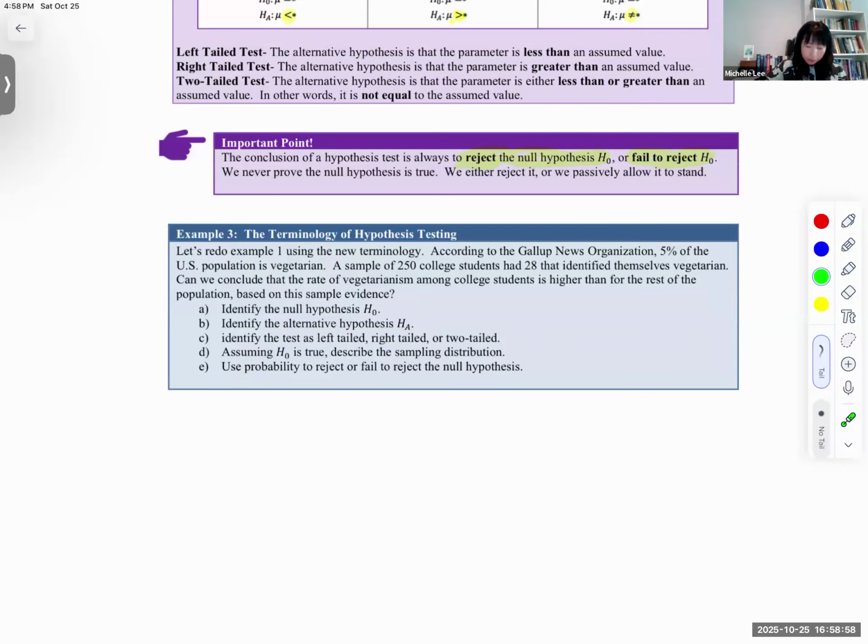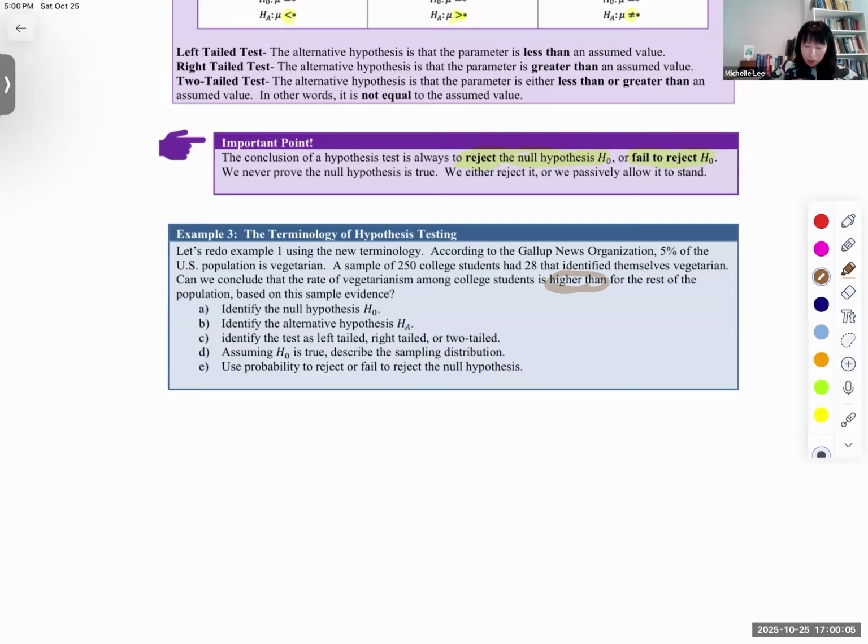Gallup, a news organization, says 5% of the US population is vegetarian. Then 28 out of 250 college students identified themselves as vegetarian, so we had 0.11, which is higher. The question is, can we conclude that the rate of vegetarianism among college students is higher than for the rest of the population, based on this sample evidence?